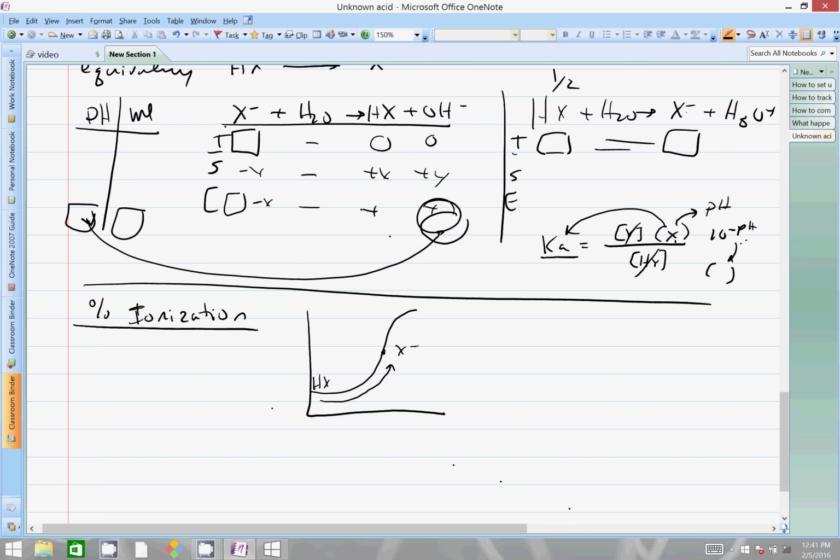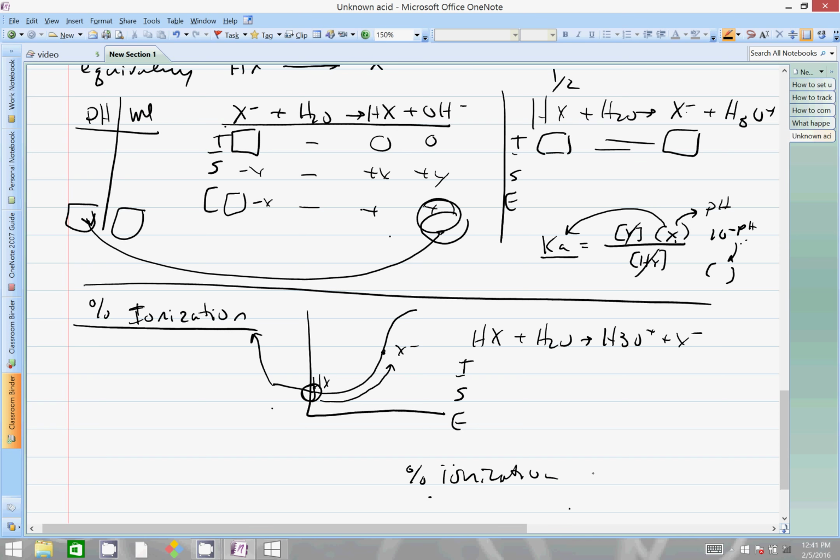So when I want the percent ionization, I'm really referring to what is the initial, right at the beginning, percent ionization. And right away it's HX plus H2O yields H3O plus and X negative. Initial, stoichiometric ratio, end. I'm looking for the percent ionization.